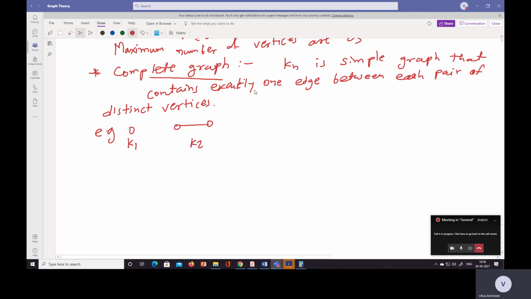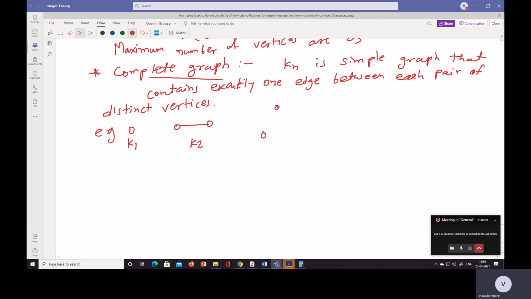It is connected, meaning exactly one edge between each pair of vertices. Here there is no other vertex, so we cannot connect it with an edge. Loop is not allowed in a simple graph, so that's why it is an isolated graph, and here we have only one edge between these two vertices, and it is also called K2.